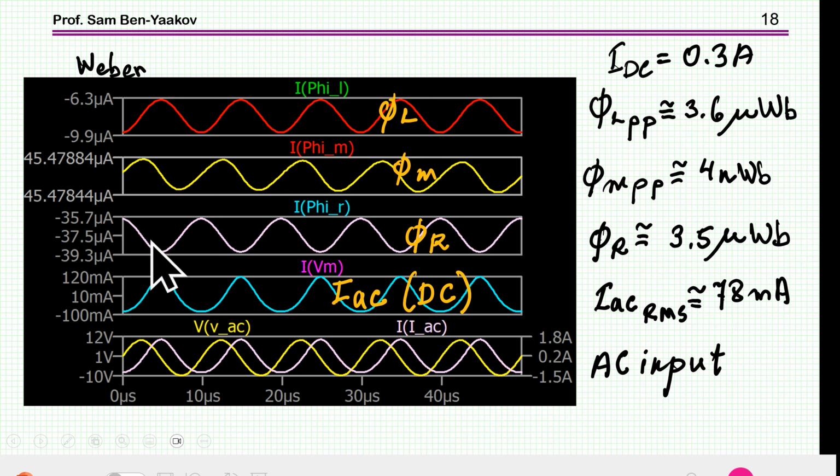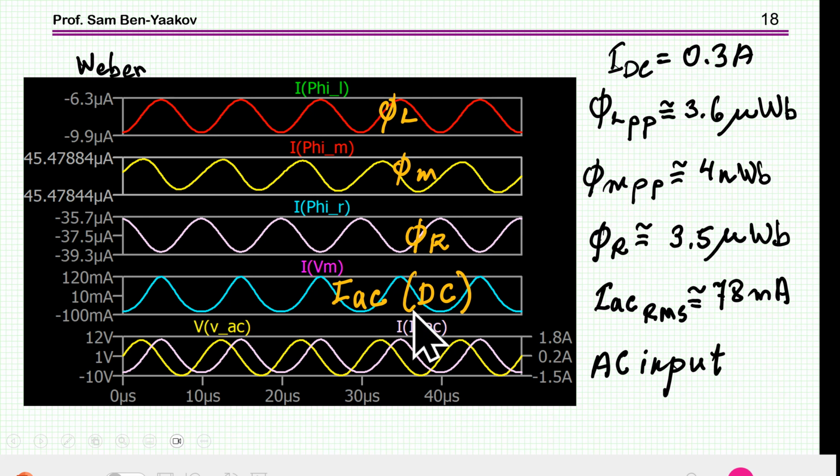And we also have on the right side 3.5 microweber, and the difference, well, all these are approximated, just eyeballing it, it's about 4 nanoweber. So it is smaller, but not that much as in the case of the high permeability with zero bias.